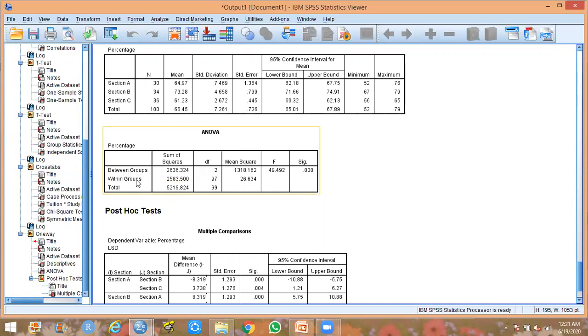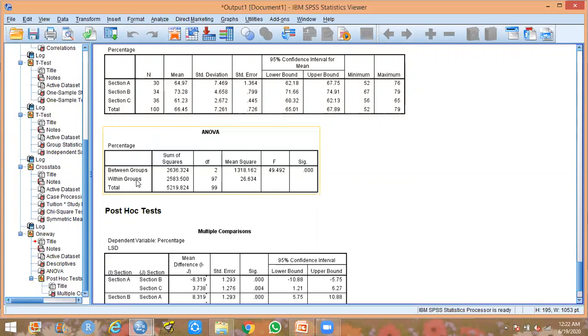What is within the groups? Take section A, my first group, and take the academic performance in percentage. There might be variation in the percentage of marks among the students.